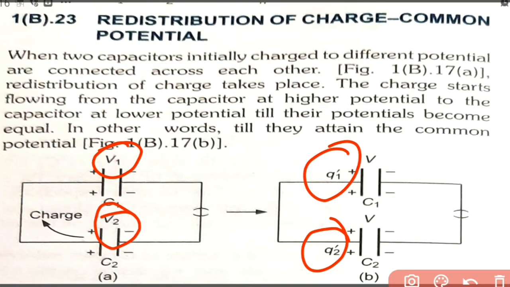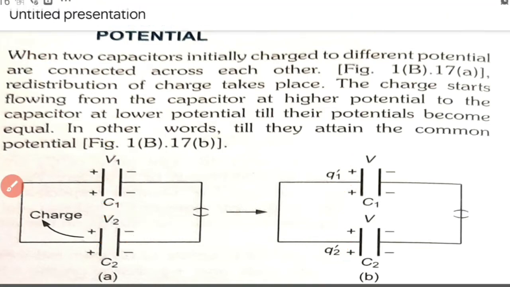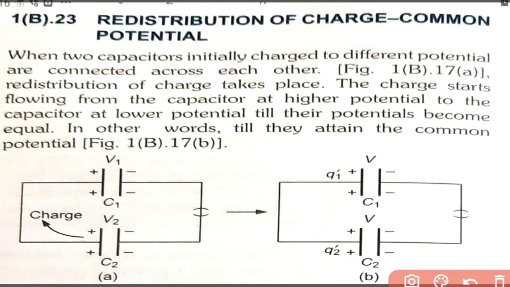Now they share their charge so that their potentials become same. It's not like they share their charge till both of them acquire the same charge. Till what time they share their charge? Till their potentials become same. See here the potentials were V1 and V2.